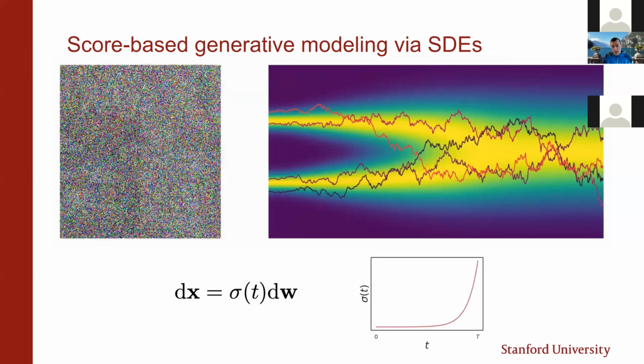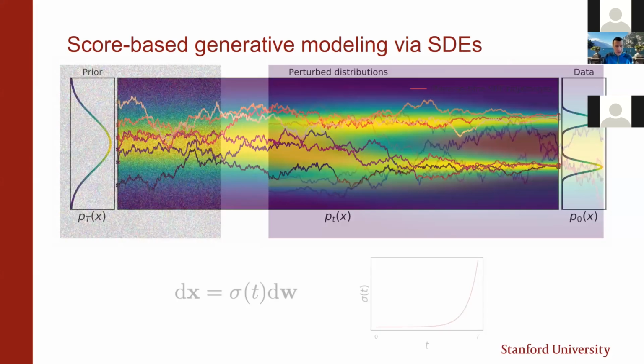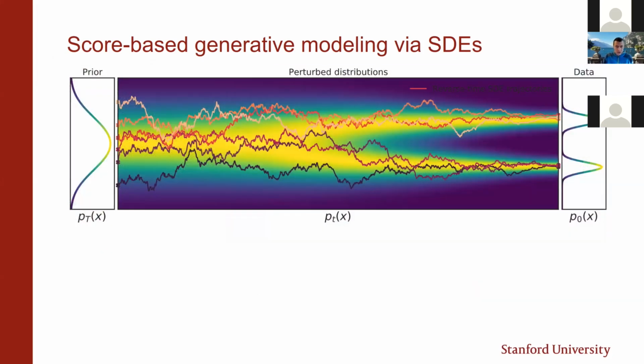Now, why are we doing this? Why are we describing this with a stochastic differential equation? The reason is that it's possible to define an inverse stochastic differential equation that corresponds to the process of going from noise to samples. Now here the axes are reversed. We have noise on the left and we have data on the right.